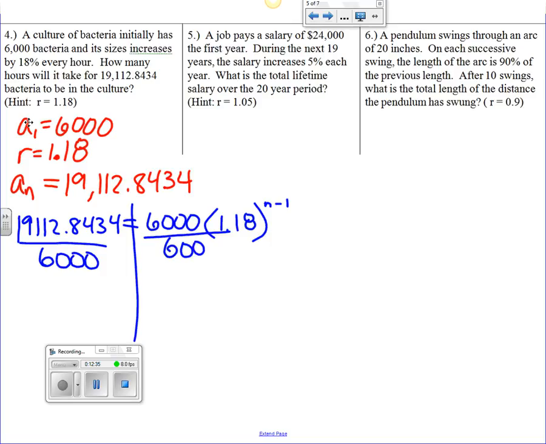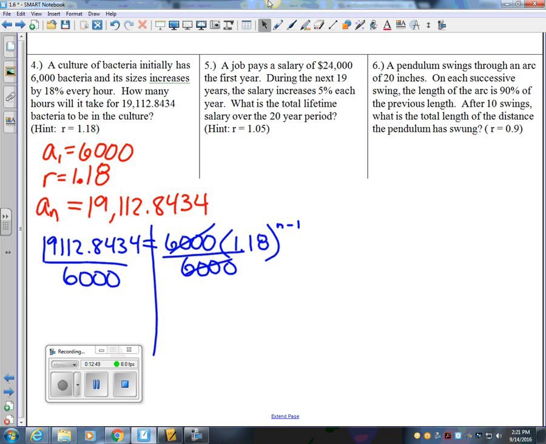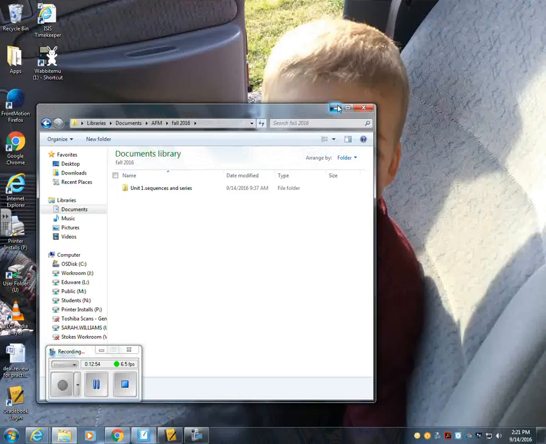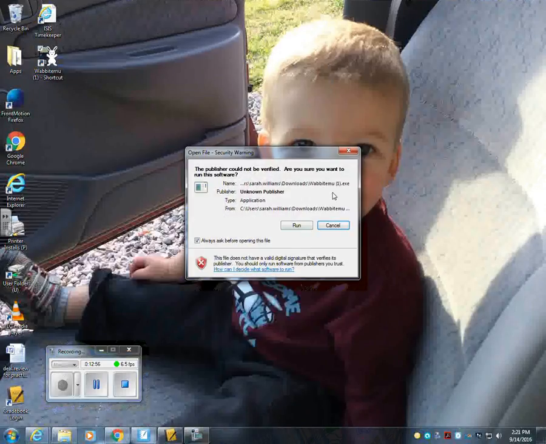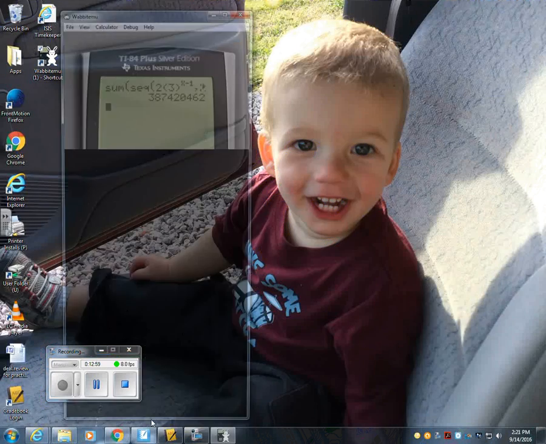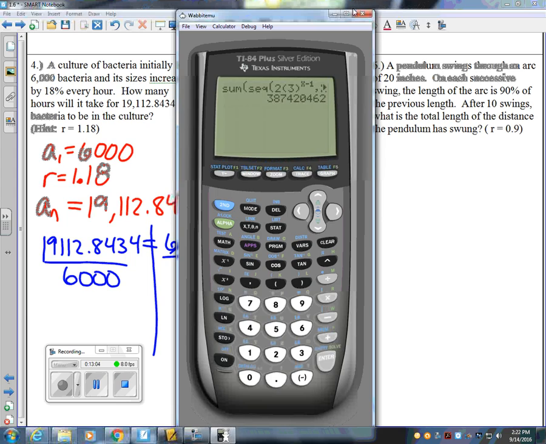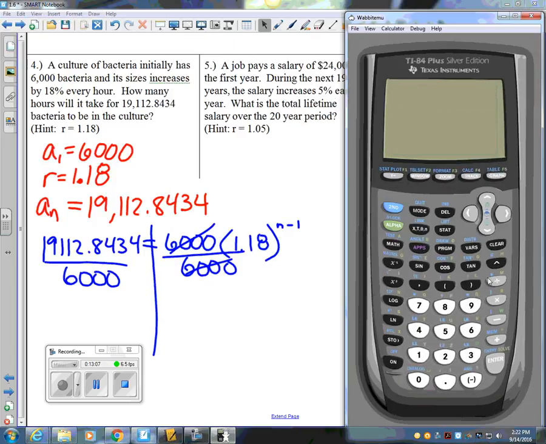Guys, to make your life easier, you don't have to write the whole thing on your paper, but keep it in your calculator. So here's what I mean by that. In my calculator, I'm going to type in 19112.8434.